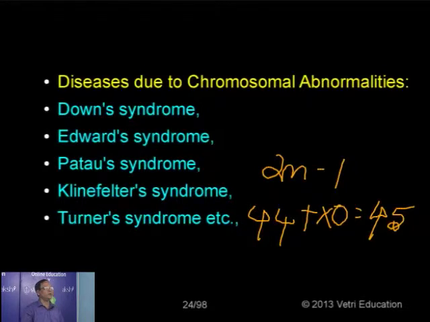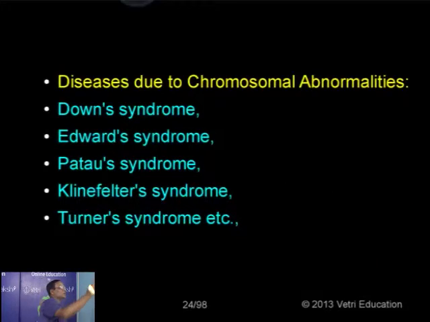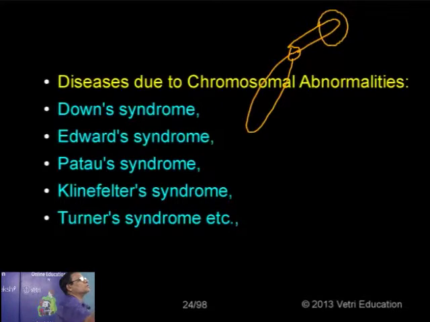So anyway, here the chromosomal abnormalities occur because of a change in the number of chromosomes. The chromosomes are either added or removed, either from the autosomes or from the sex chromosomes. So these are all called chromosomal abnormalities. Sometimes the term chromosomal abnormalities also refers to a change in structure. Suppose in one of the chromosomes, a piece of chromosome is lost, a deletion of a piece of chromosome.